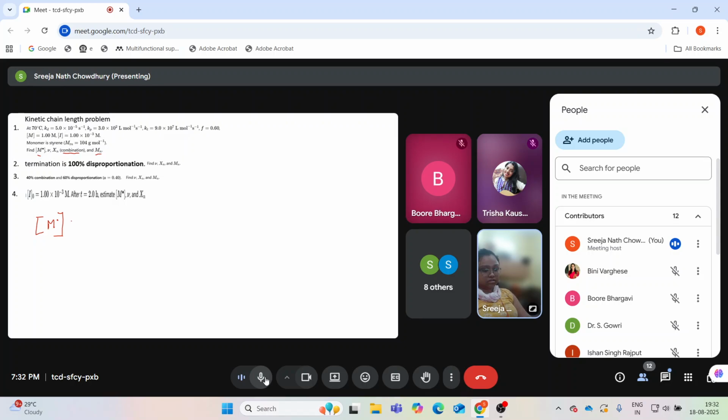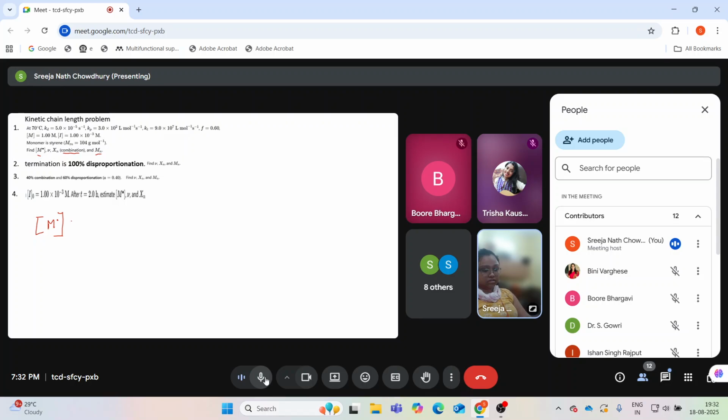Now when we have disproportionation in termination, if it is 100% disproportionation, then we also have to calculate these three values. So let's see what the degree of polymerization will be and how it affects the molecular weight.